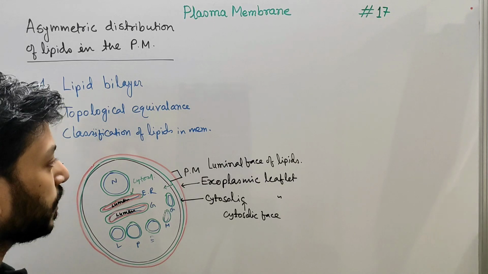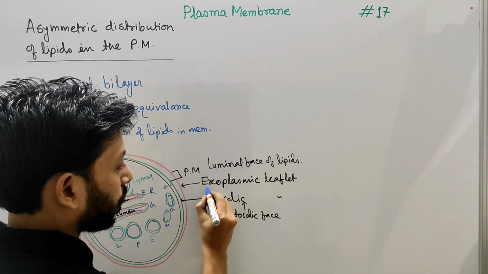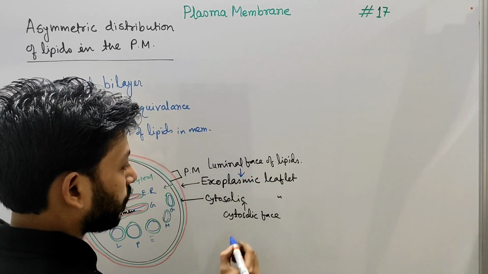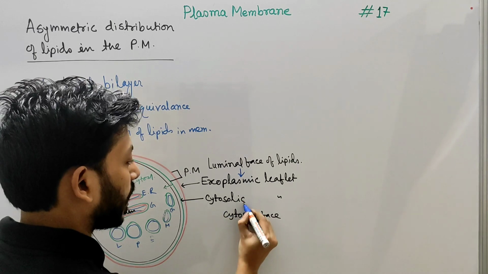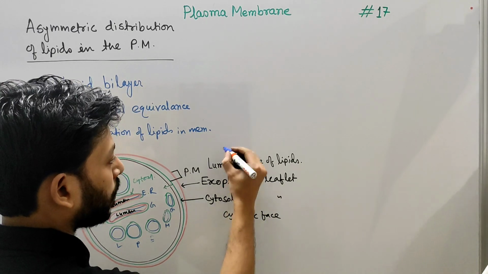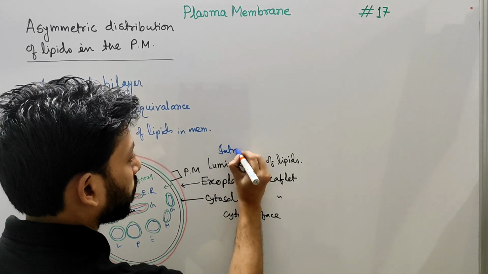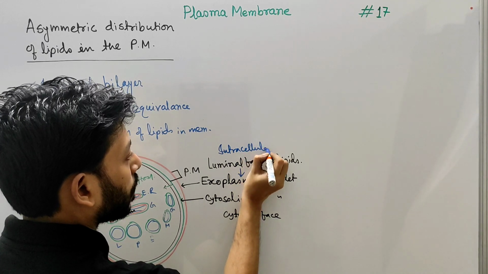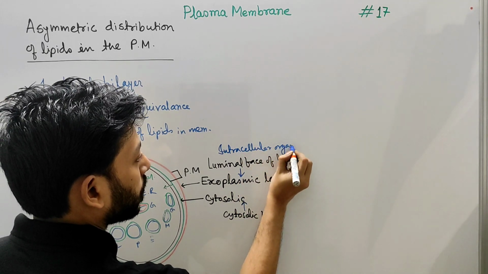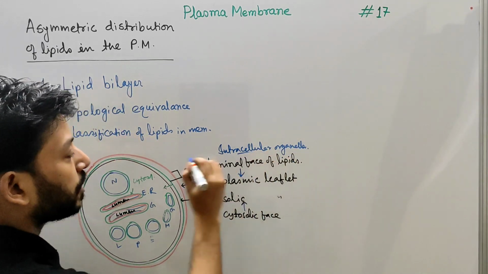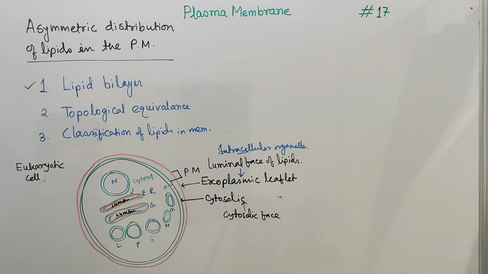So for intracellular organelles we call the exoplasmic leaflet the luminal phase, and the cytosolic leaflet remains cytosolic because it faces the cytosol. Now if you want to understand this topological equivalence, you have to understand the process called endocytosis. I am not explaining that topic here.